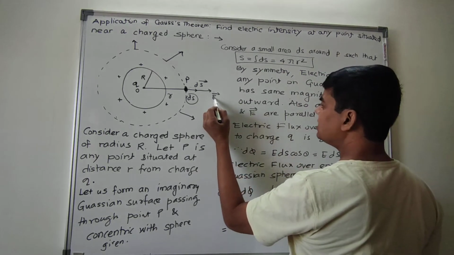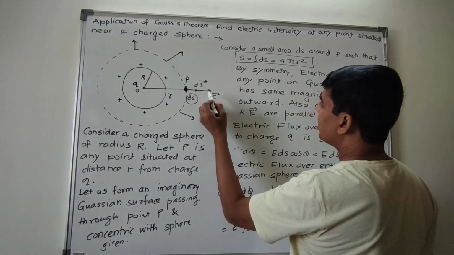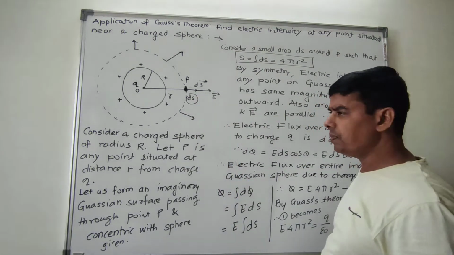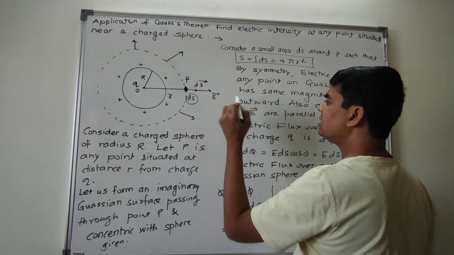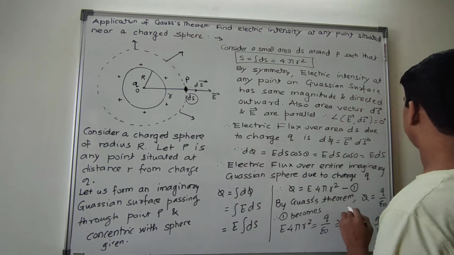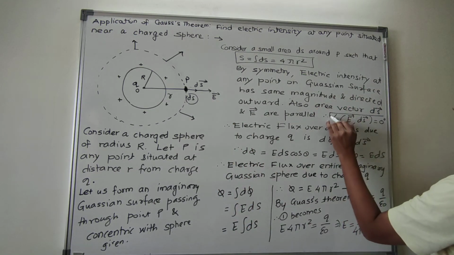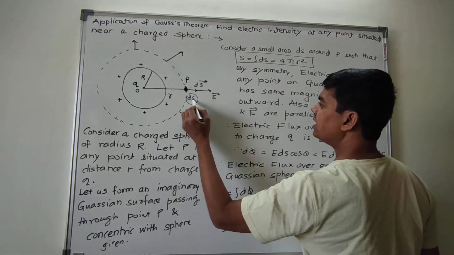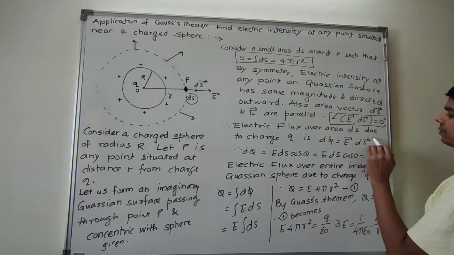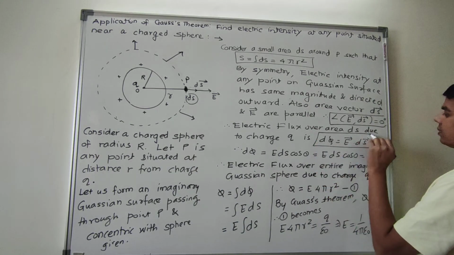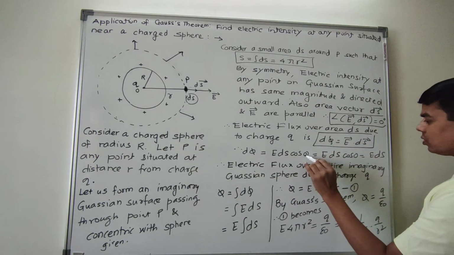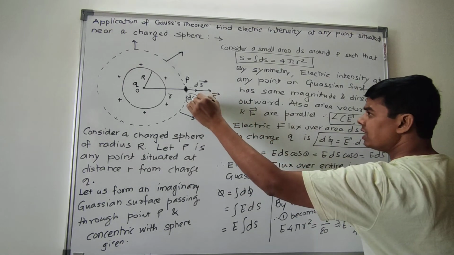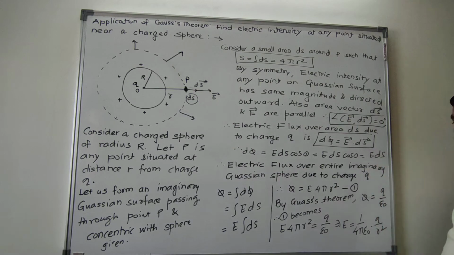Now the electric field is radially outward and ds vector, which is normal to this surface area, is also outward, and as both of these are in the same direction, the angle between them will be 0. So now the electric flux over area ds due to charge q will be E ds cos 0. As cos 0 is 1, the electric flux over this small area ds due to charge q is E ds.